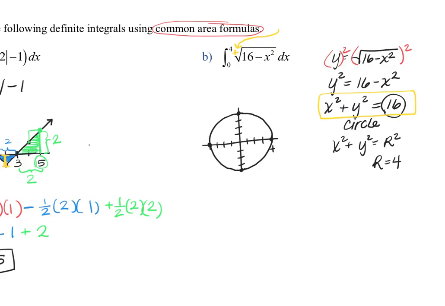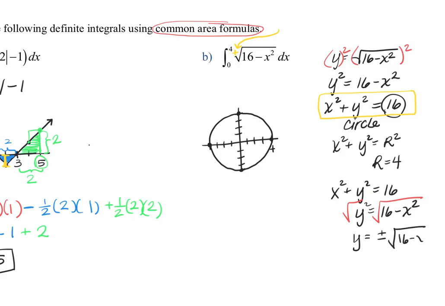In other words, if I were to take the circle equation x squared plus y squared equals 16 and do my steps in reverse to solve for y, so we would subtract the x squared, so that'd be y squared equals 16 minus x squared. And if you went in and you did square root both sides, we would end up with y is equal to the plus or minus square root of 16 minus x squared.